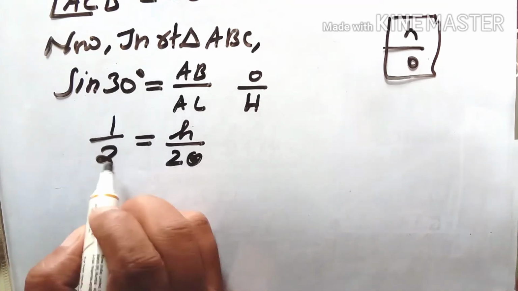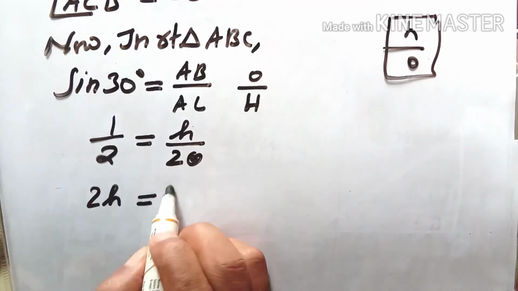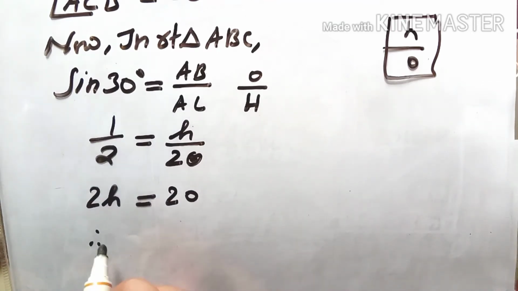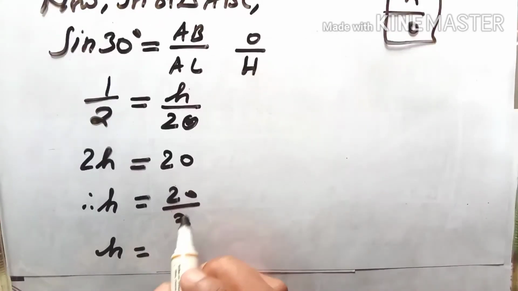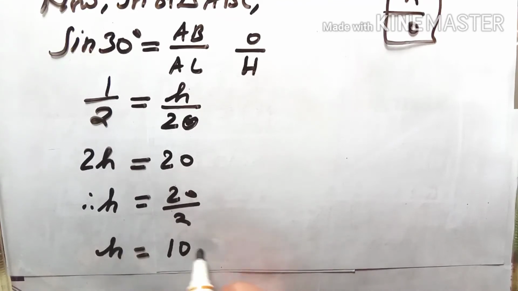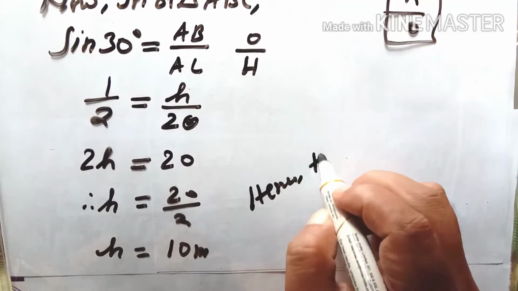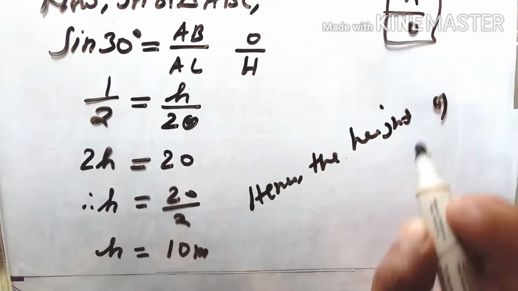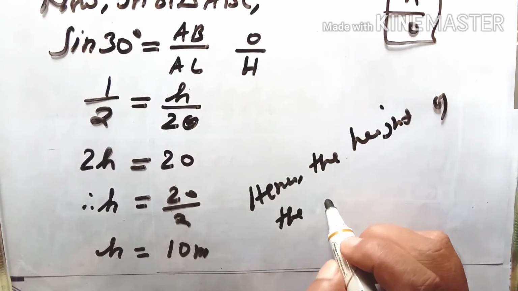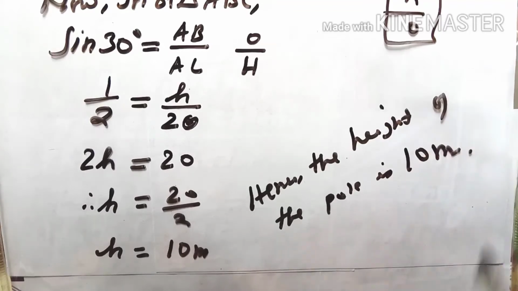So now take a cross multiplication, 2 times h equals 1 into 20 equals 20, therefore h is equals to 20 divided by 2, then h equals 10 meter. So hence the height of the pole is 10 meter.